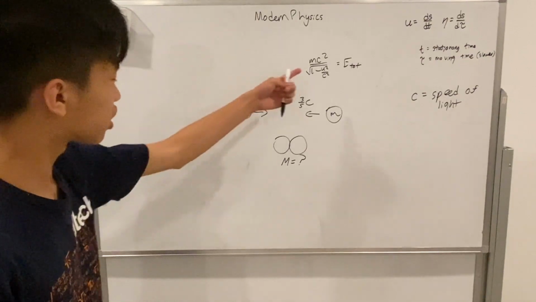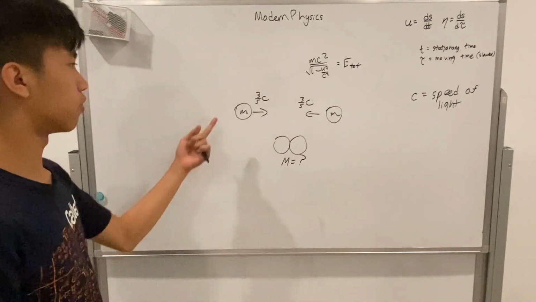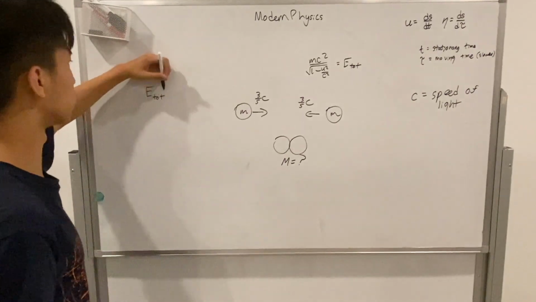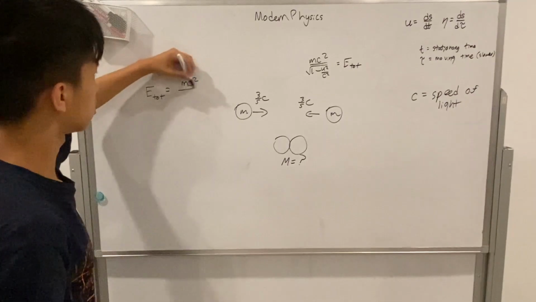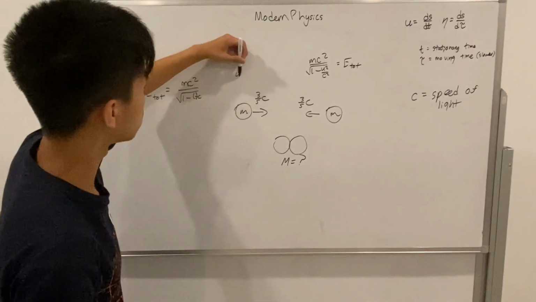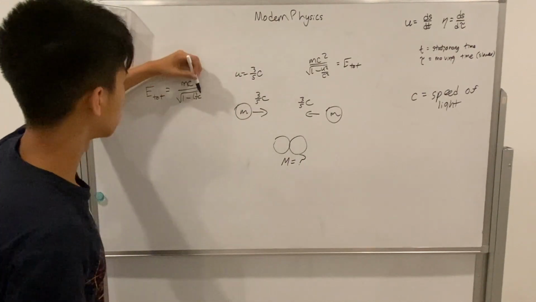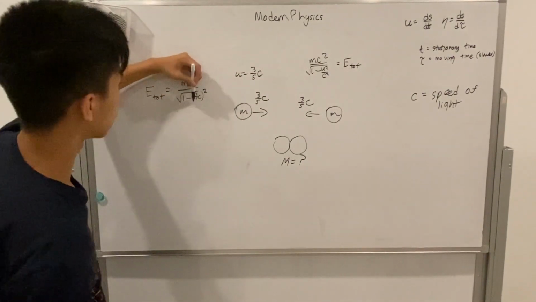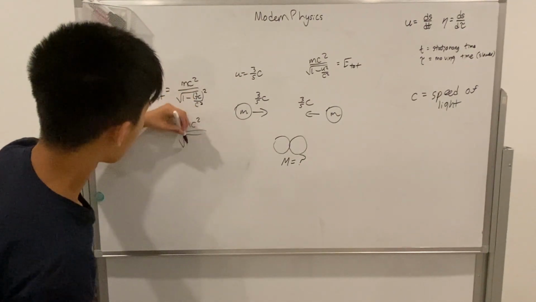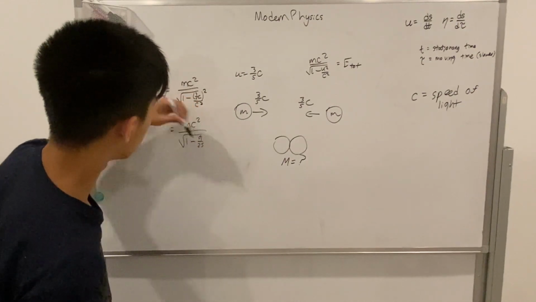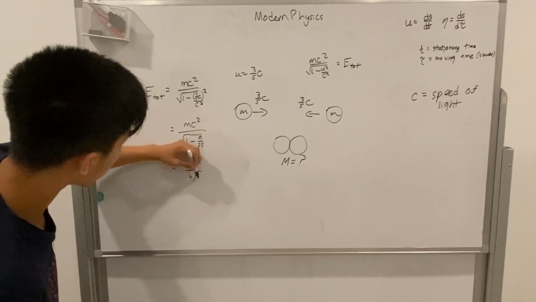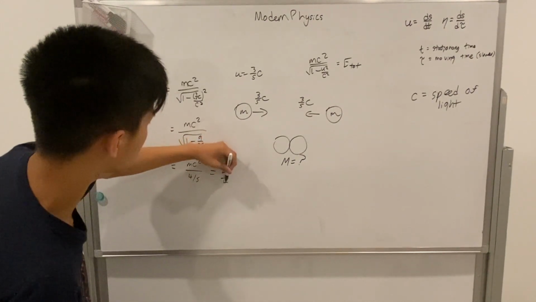The total energy of either ball before collision is E total equals mc squared over the square root of 1 minus u squared over c squared, and u is 3/5 c, so 3/5 c goes here, squared over c squared. So that is equal to mc squared over 1 minus 9 over 25, or mc squared over 4 over 5, or 5/4 mc squared.